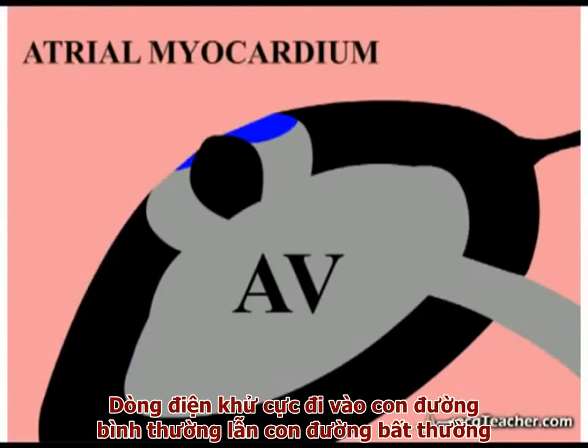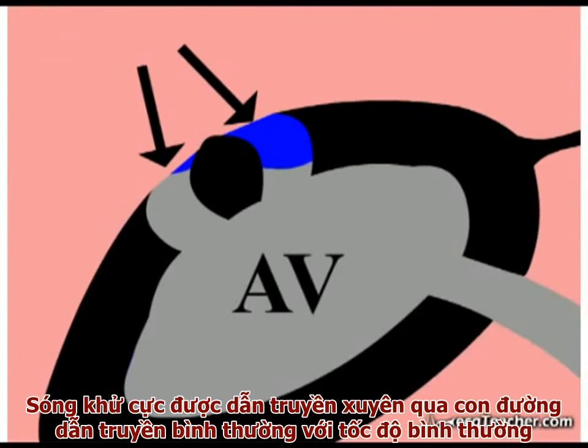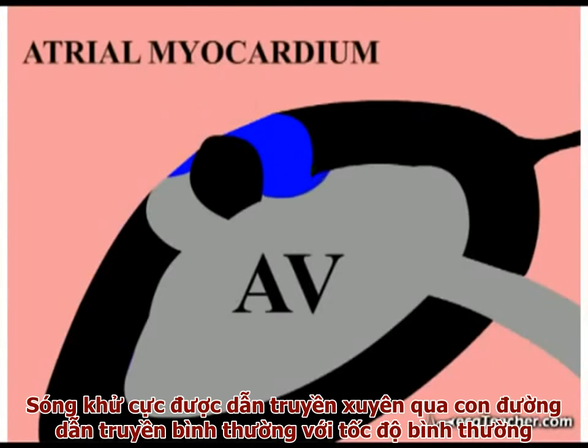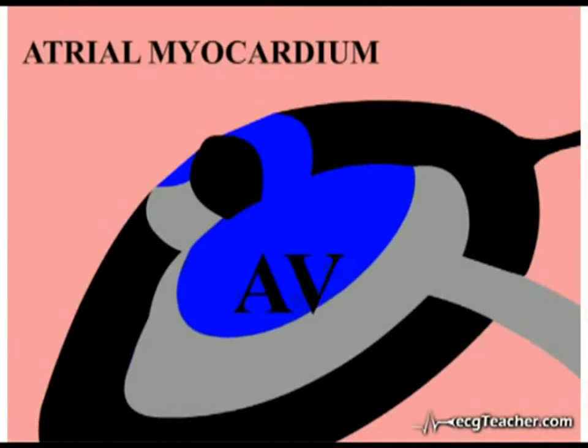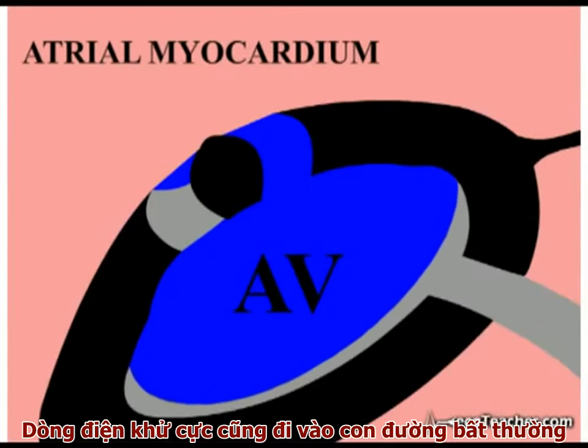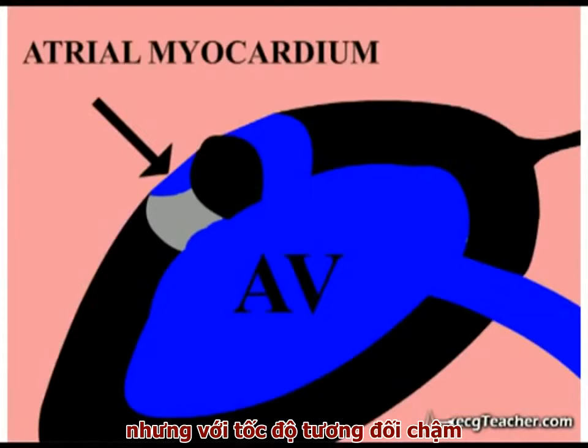Depolarizing current enters both the normal and abnormal tract. The depolarization wave is transmitted through the normal conducting tract at an appropriate rate and depolarizes the node. Atrial depolarizing current has also entered the abnormal tract and begins its relatively slow journey through this tissue.